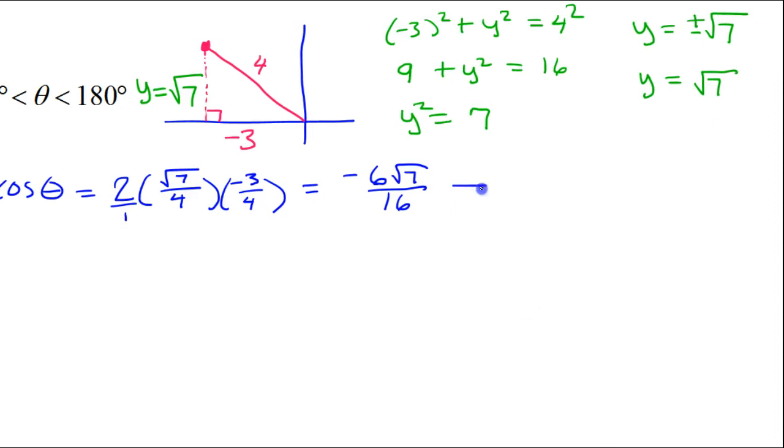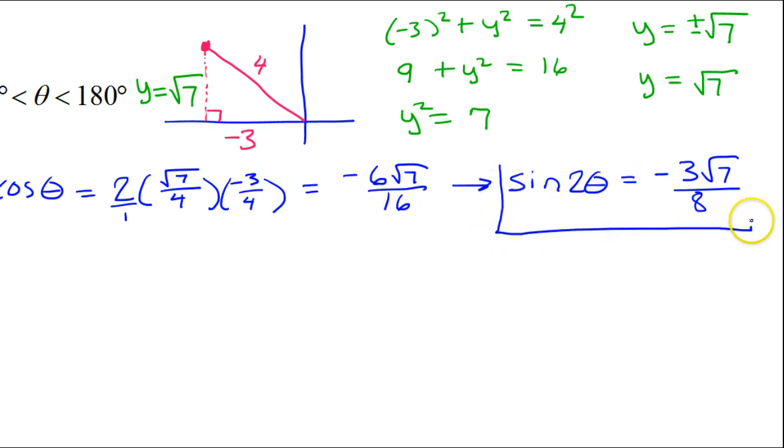Alright, and I think we're at the end, so I'm going to go ahead and say sine 2 theta will equal -3 radical 7 over 8. Alright, I just reduced 6 over 16.